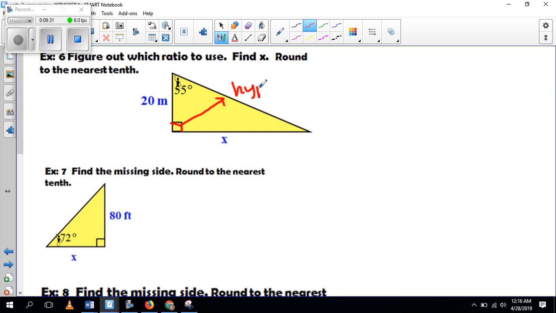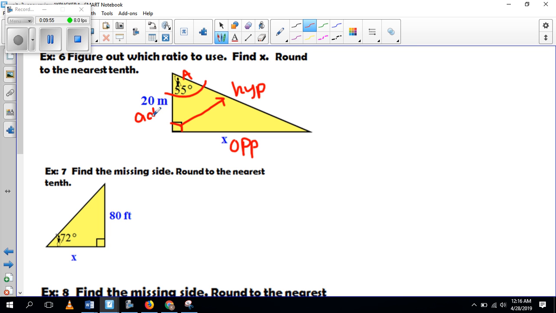And this time, they did give me an angle. They didn't have to tell me really, because I see it's on the inside. They gave me angle 55. So that's my angle. I know opposite is the one that's not close to it, so that will be x. And then 20 would be my adjacent.